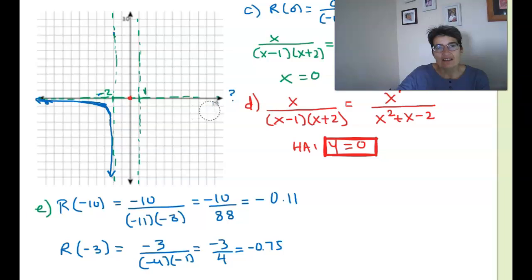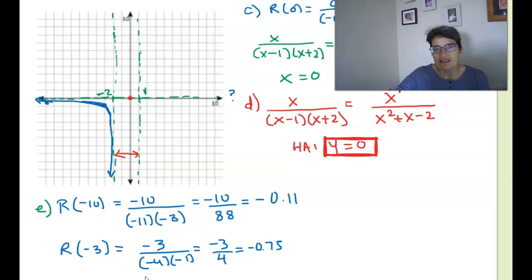Now let's see what happens in the next interval. Each part, you're dividing up your coordinate plane by these vertical asymptotes. Each part needs to have a graph in it. There can't be any parts that are blank. So we're going to pick some points. Let's pick a point on either side of the x-intercept.